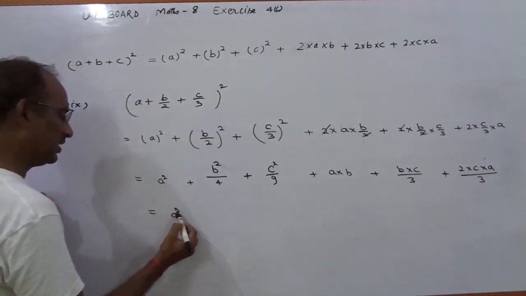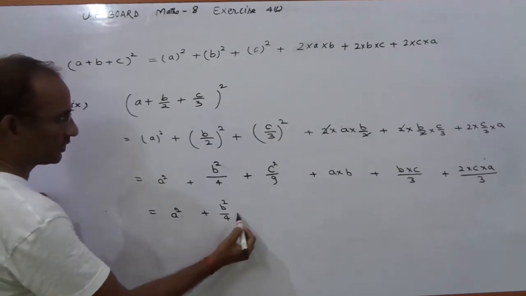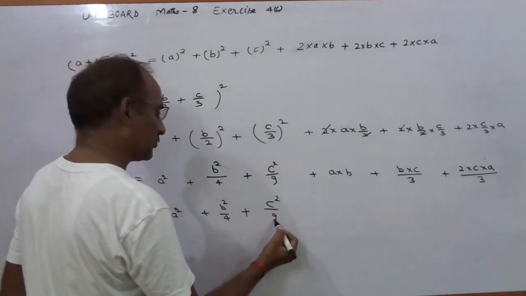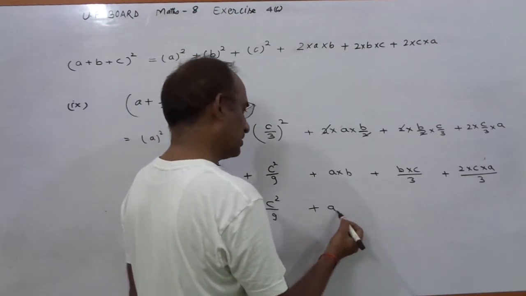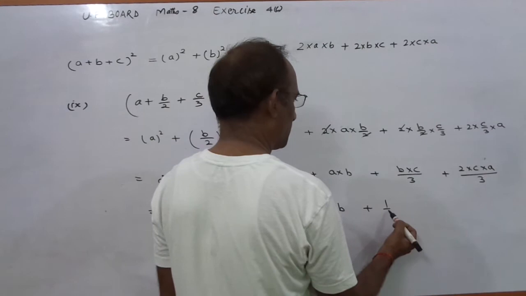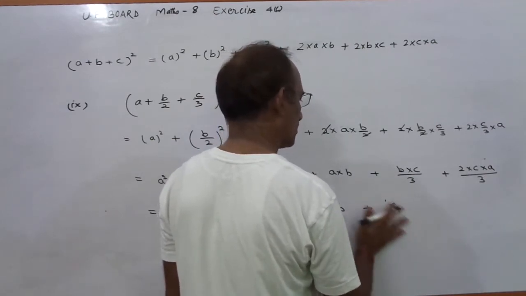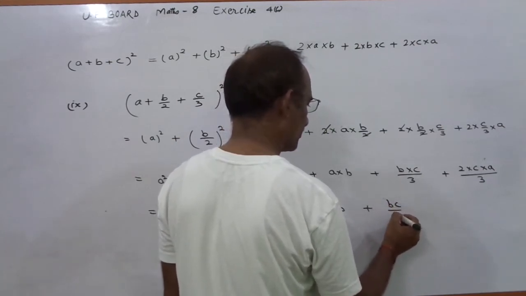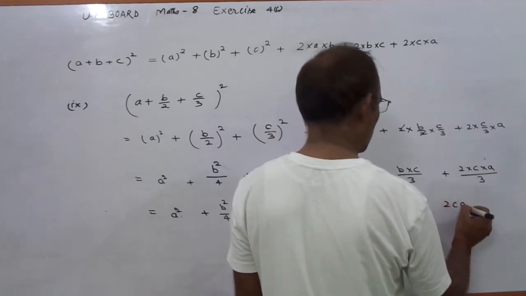This can be written as a square upon 4, b square upon 4 and c square upon 9, and plus ab, and plus bc upon 3 or 1 upon 3 bc, and twice ca upon 3.